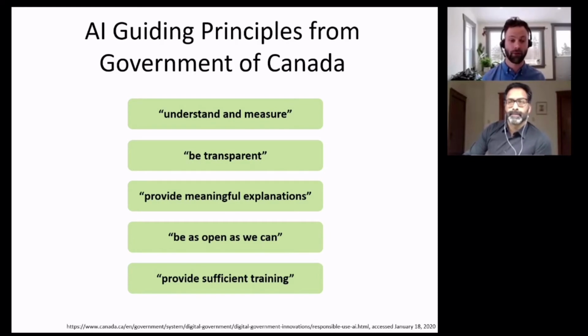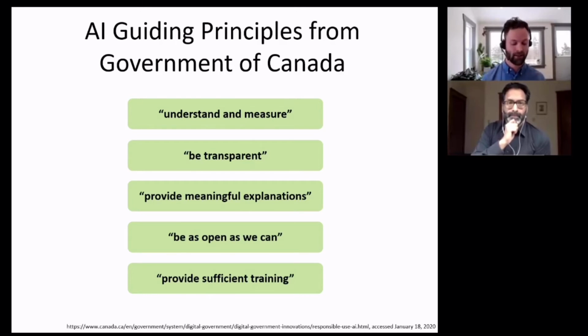That's a really critical part. We need to know what kind of impact the AI has. So that means we need to have trials, we need to understand it, we need to do research on an AI. The second one is being transparent on how and when we're using the AI, to disclose to the patient, to the provider, and everyone who is using these tools.